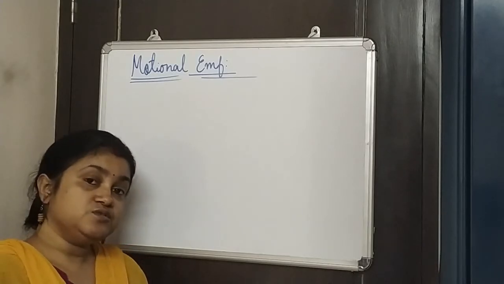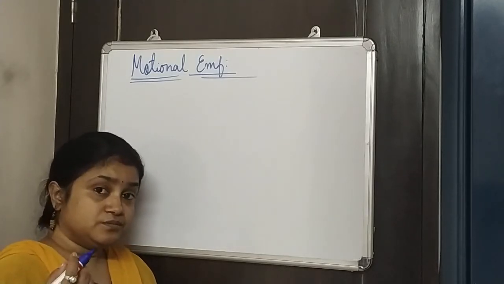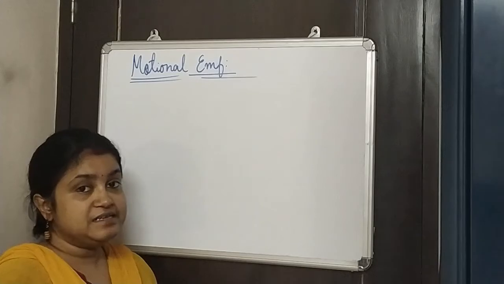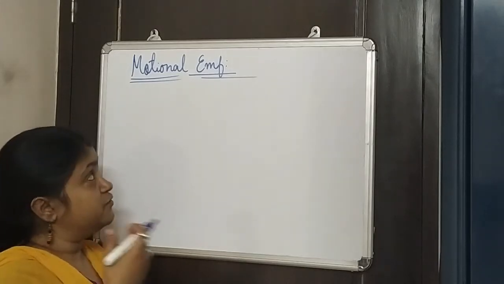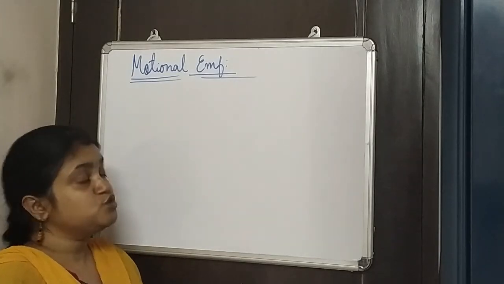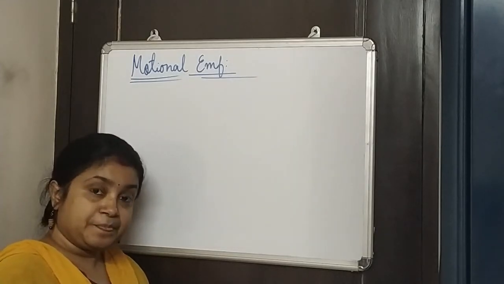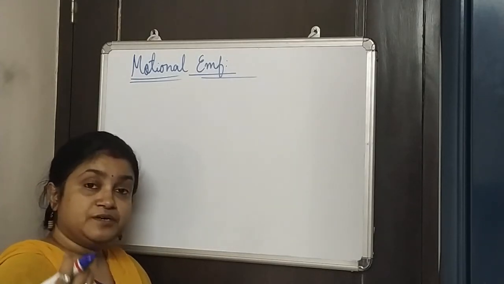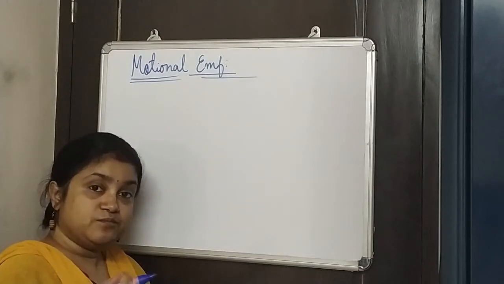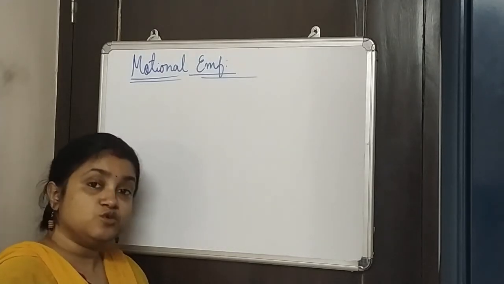Here you see that the magnetic field is not changing. When we discuss motional EMF, the magnetic field is the same, but a particular object, or a rod, is in motion.